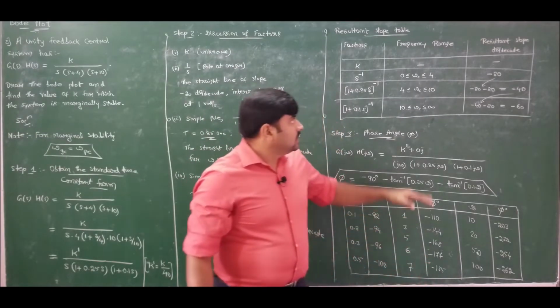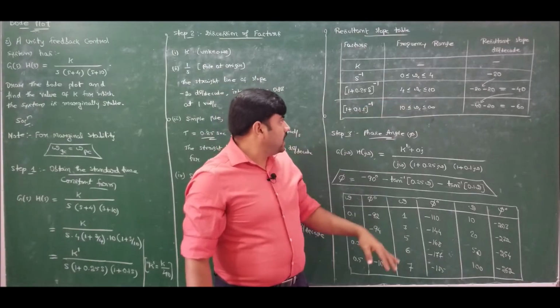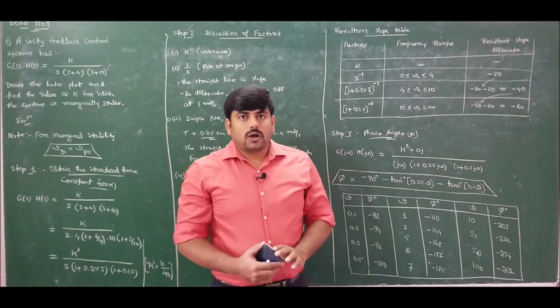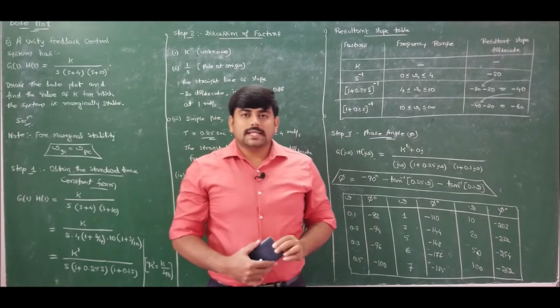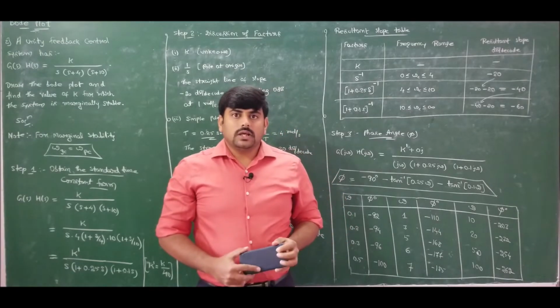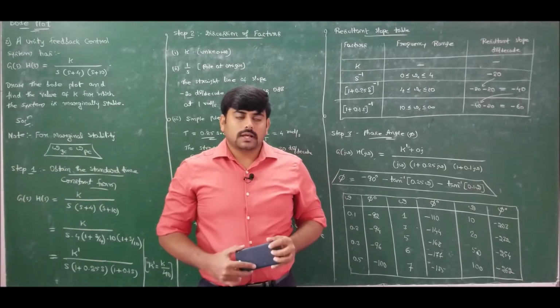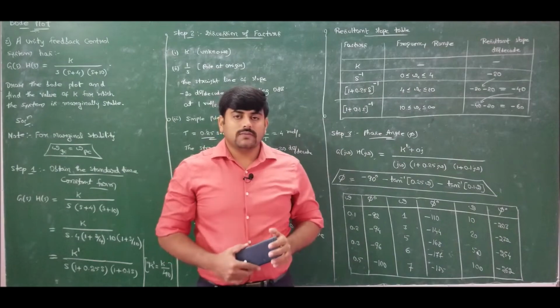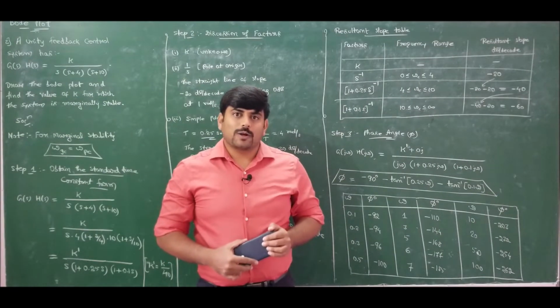Now using the resultant slope table and phase angle table, I can plot magnitude as well as phase angle against the frequency in log scale, that is the Bode plot. Come, let us move to step number 4, in which we are going to do the Bode plot.